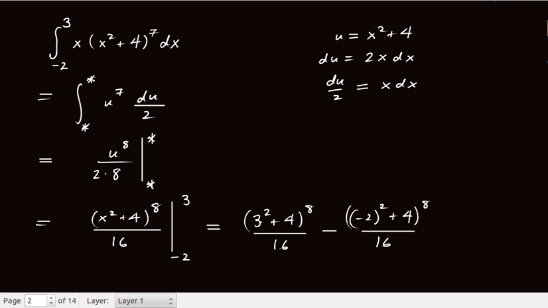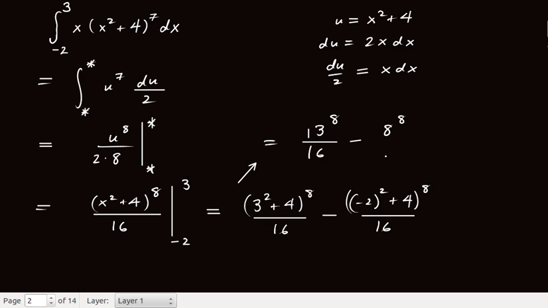And then you can solve for these, so 3 squared plus 4 is 9 plus 4, which is 13 to the 8th, divided by 16, minus, and then minus 2 squared is 4 plus 4, which is 8 to the 8th over 16.